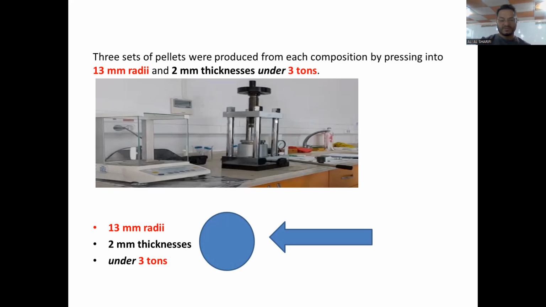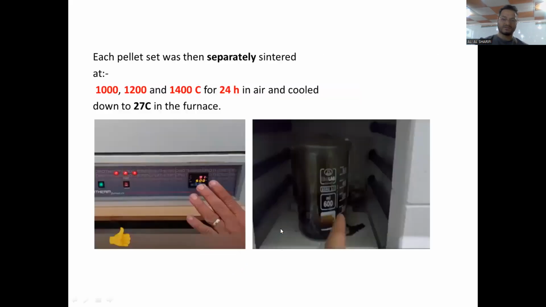Here, 2 millimeter thickness, 13 millimeter radii under 3 tons to produce tablets. 3 tablets, I think, something like that. Because we have 3 different sintering temperatures, 3 tablets for each doping ratio.